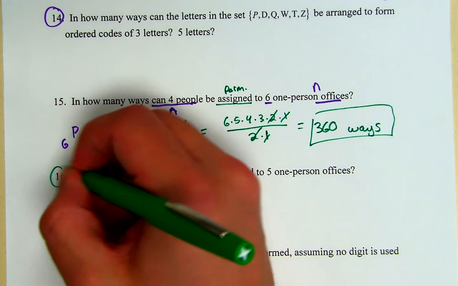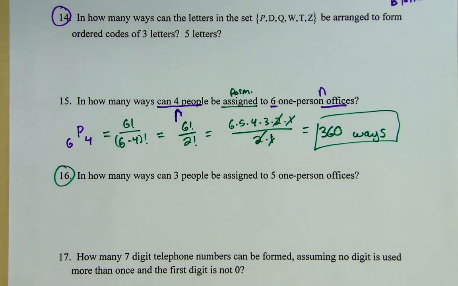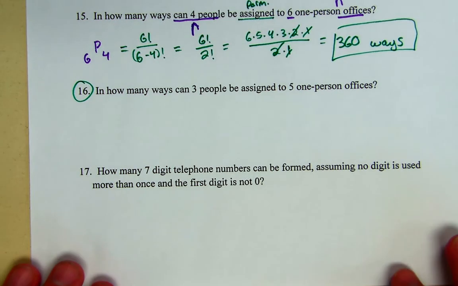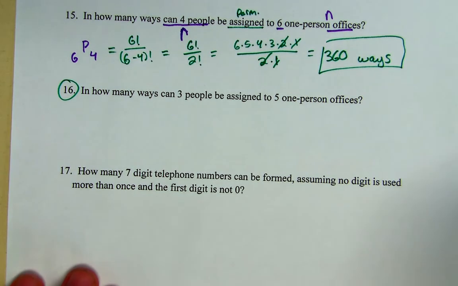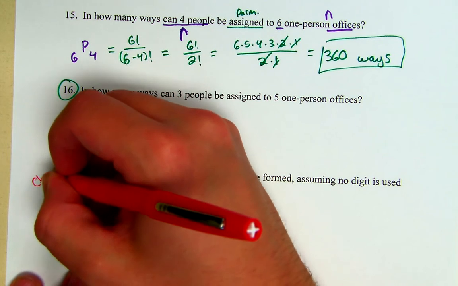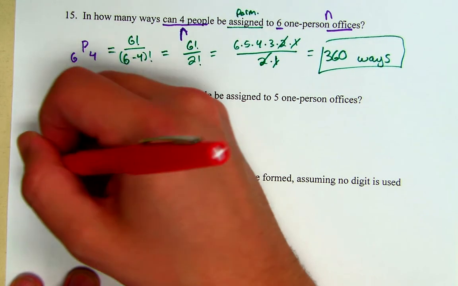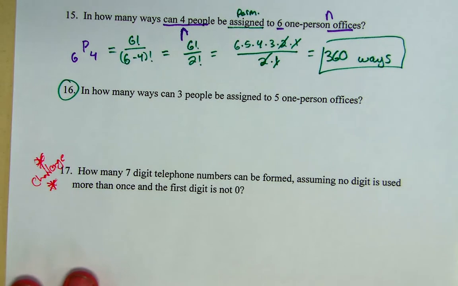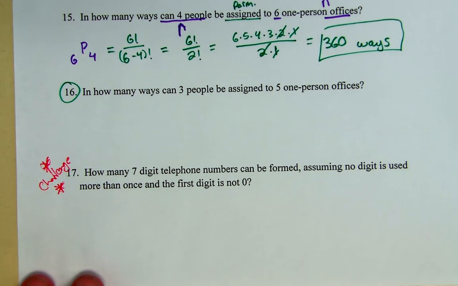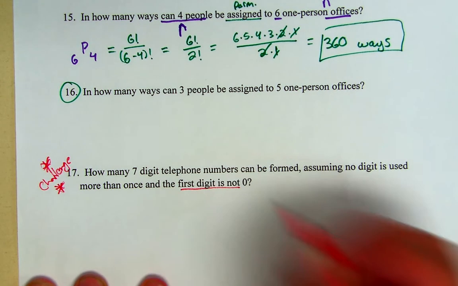And of course, 16, that's going to be yours to try, kind of mimicking here. And then I want you to see if you can do this one. This is the challenge problem. So you try the challenge problem. 7-digit phone number, with no digits used more than once, and the first digit is not 0.